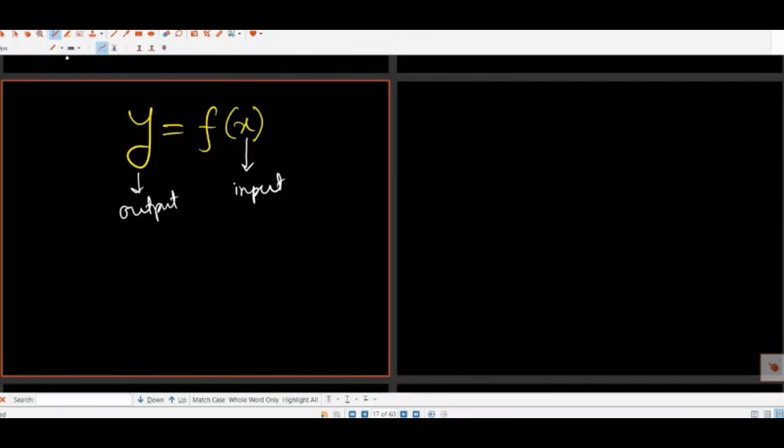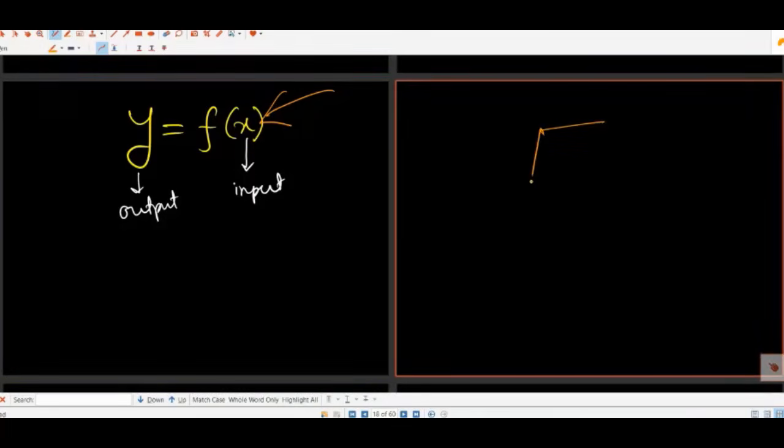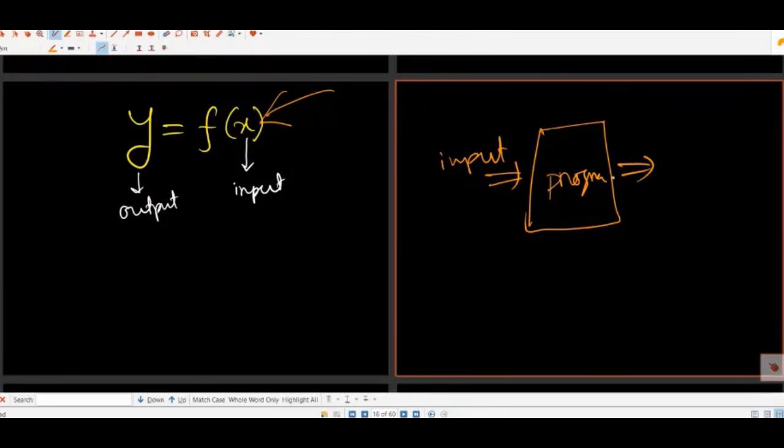In the mid-18th century, Swiss mathematician Leonhard Euler was the first who conceived the idea of function and tried to write function in letter notation. Before that, function was thought to be, let's say, a program where inputs are coming and we are getting outputs.